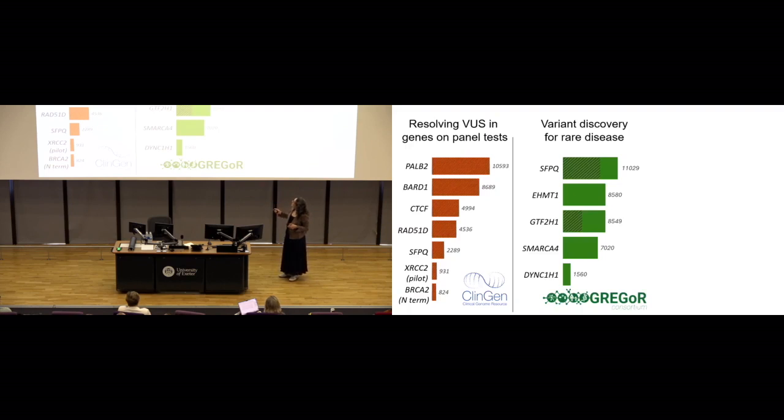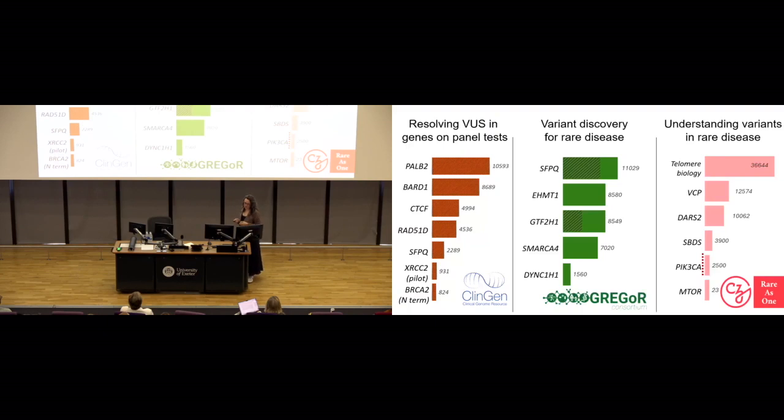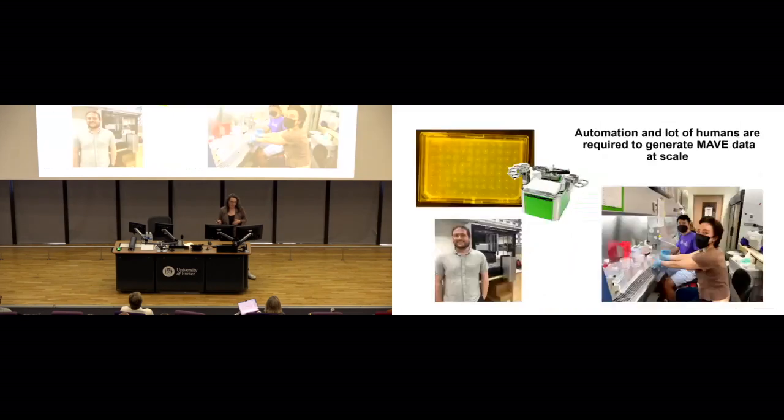Some of these are in diseases that are a little bit more common. Some of the genes that we're looking at are ones where we're trying to provide evidence to help with new gene discovery.